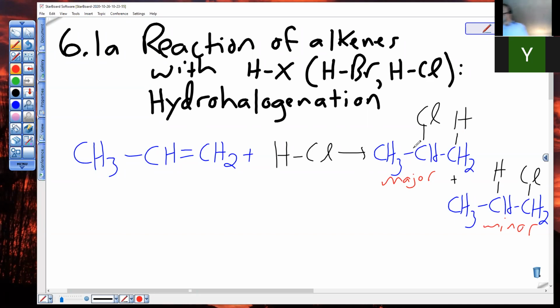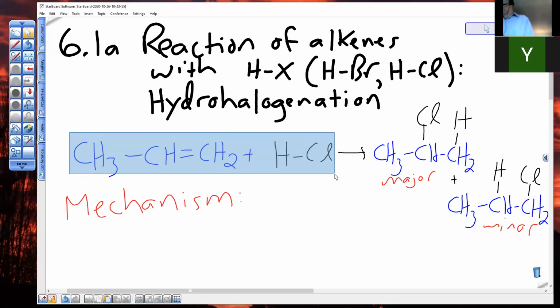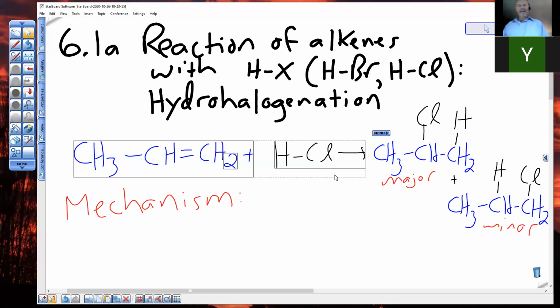And it's easier to make a secondary carbocation than the product that this came from, which was a primary carbocation. And the mechanism starts like this. Saying, wait, why am I not putting this in my journal? Well, you hold on the journal. I'm going to tell you exactly what goes in your journal. And I haven't told you yet, so don't put it in there.